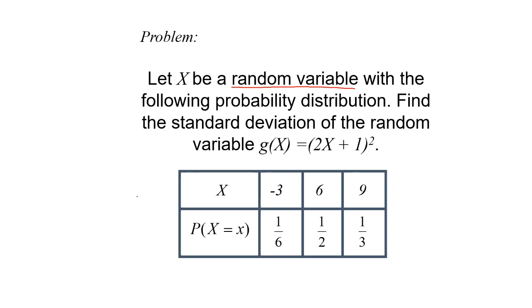From here, we have the values of our x, which are -3, 6, and 9. And we also have the probabilities of x, which are 1/6, 1/2, and 1/3. We'll be using those in order to solve for our mean.